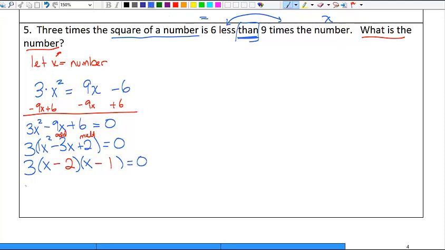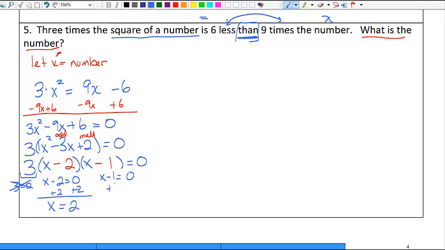I set each factor that has a variable in it equal to 0. This factor, 3, doesn't have a variable in it, so setting it equal to 0 is not helpful. If I did set that one equal to 0, it's clear that 0 is never going to equal 3, so there's nothing there to solve. Even if you did, it's not going to cause you too many problems.